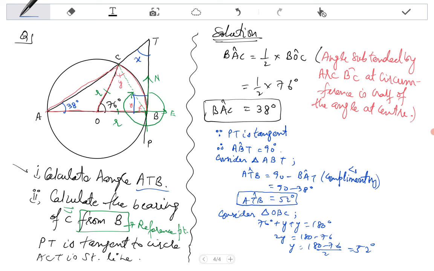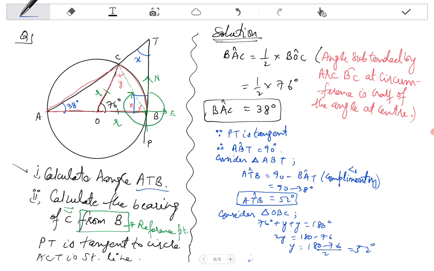Yes. So if angle Y is 52 degrees, how can I state my final answer as bearing? Because this is the angle that I have to state as my final answer, the bearing of C from B, because B is the reference point, and starting from north in clockwise direction, this is the angle that I have to finally state.